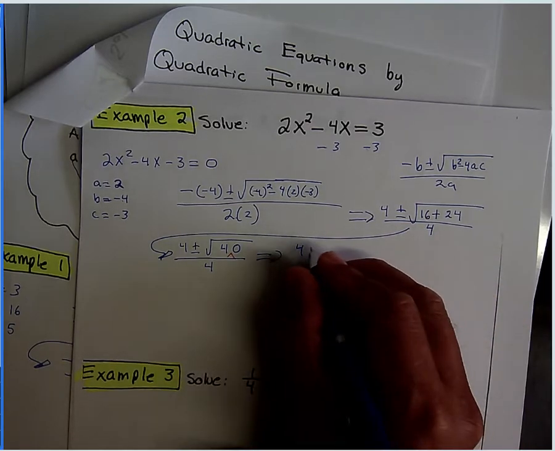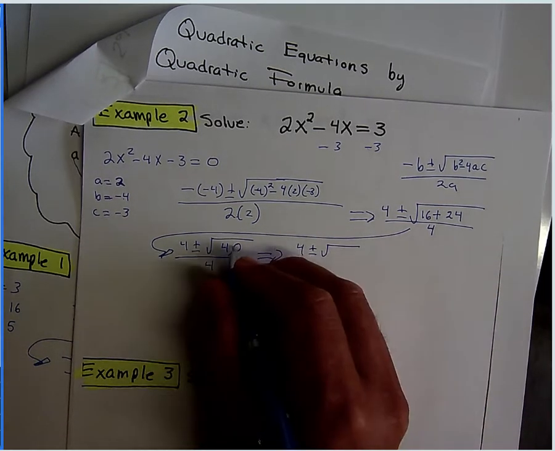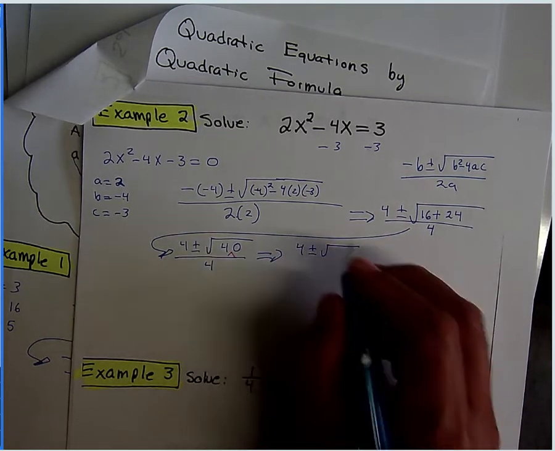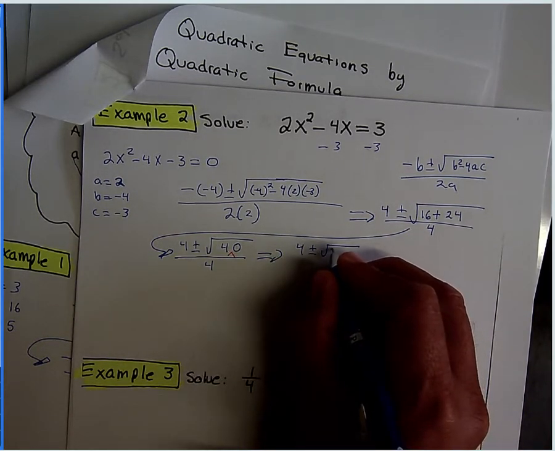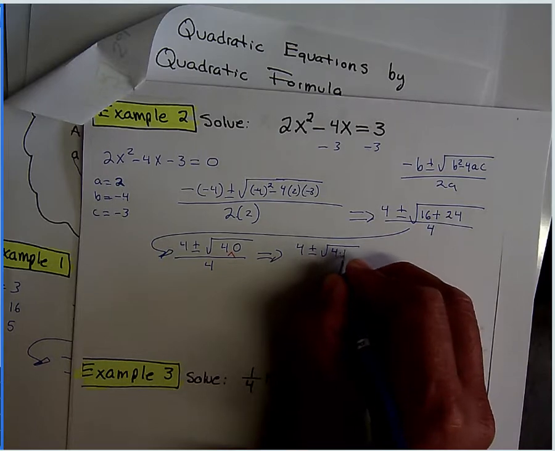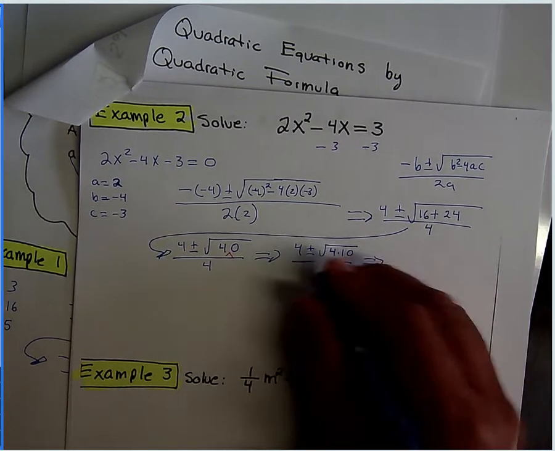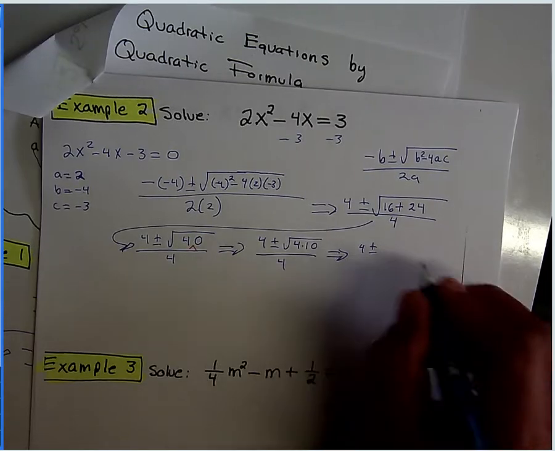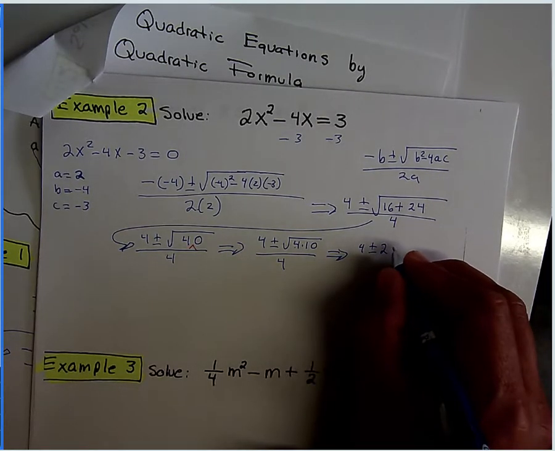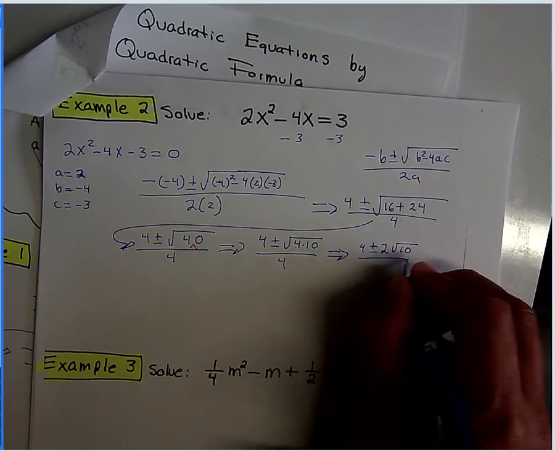Because you're always looking to simplify. If you can simplify, always do it. So this would give me 4 times 10. It's 40 over 4. So it's 4 plus minus the square root of 4, which is 2, times the square root of 10, over 4.